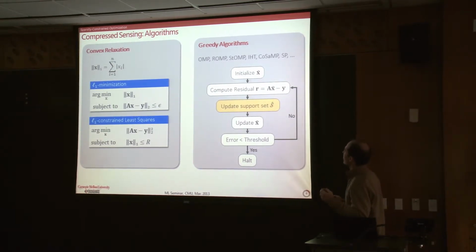Then at each step of the iteration, you compute the residual error and update the estimated support set S hat based on some rule, and this is the component that differs between algorithms. Then, based on this support set, you update the values of the non-zeros that you assume are in the estimated support set. Then you measure the error. If the error is below a threshold, you stop. Otherwise, you repeat the iteration.